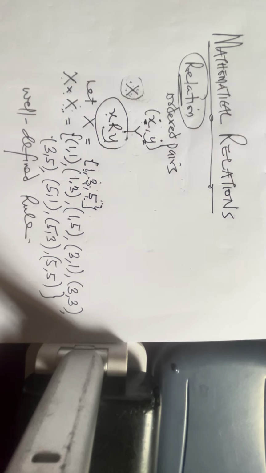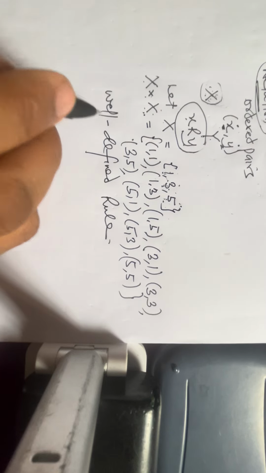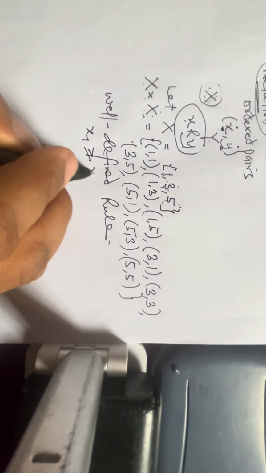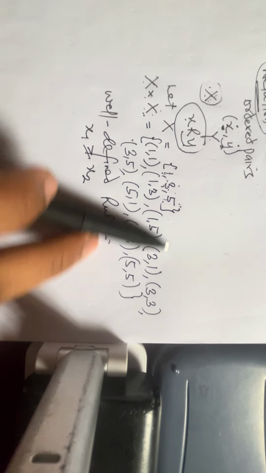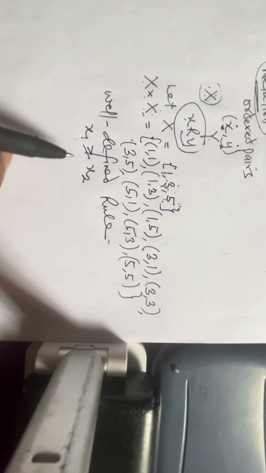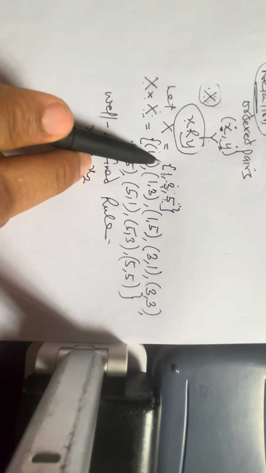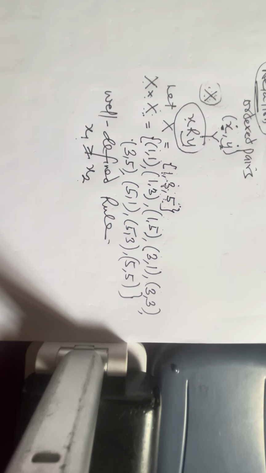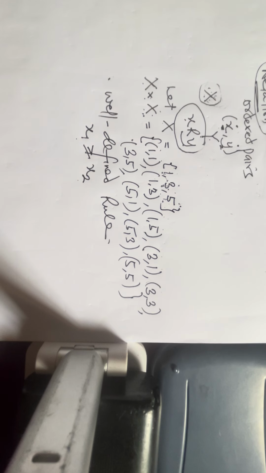Let us take for instance that the well-defined rule here is that x1 should be greater than or equal to x2, which means that in each pair, x1 must be greater than or equal to x2. A relation without a well-defined rule is not a relation.